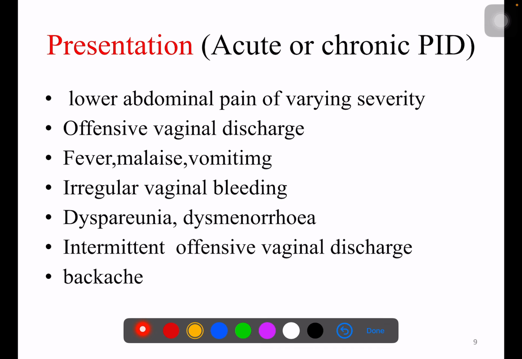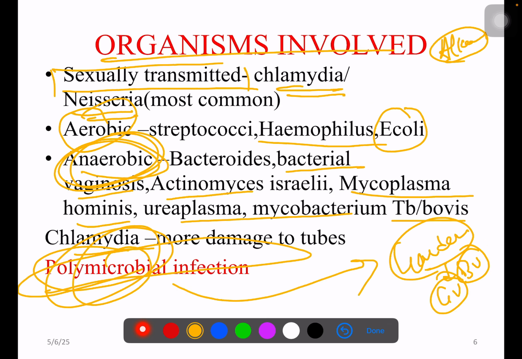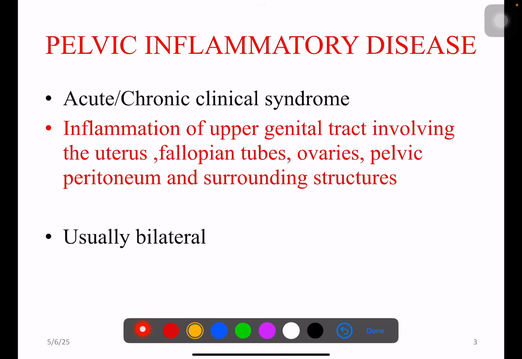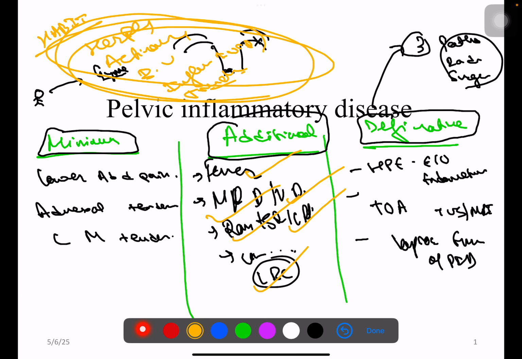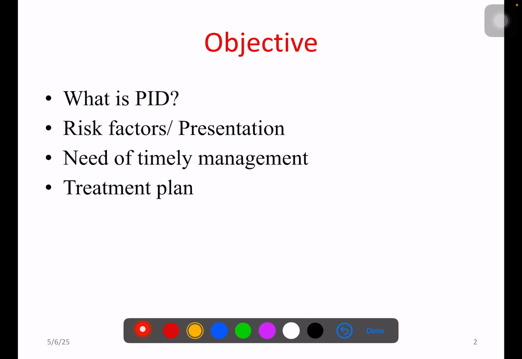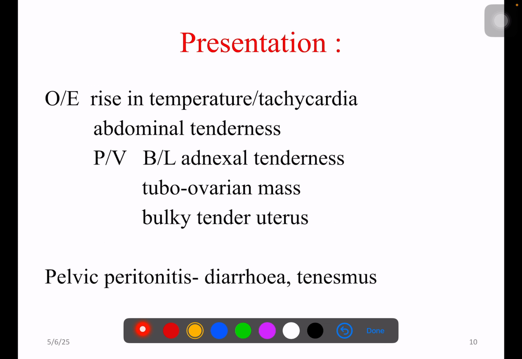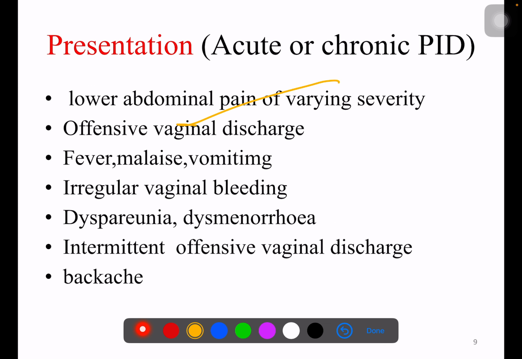Now, how will the presentation be? How will the female present? Of course, I already told you in these three criteria: lower abdominal pain, discharge, fever. That's it, the major ones are these three.